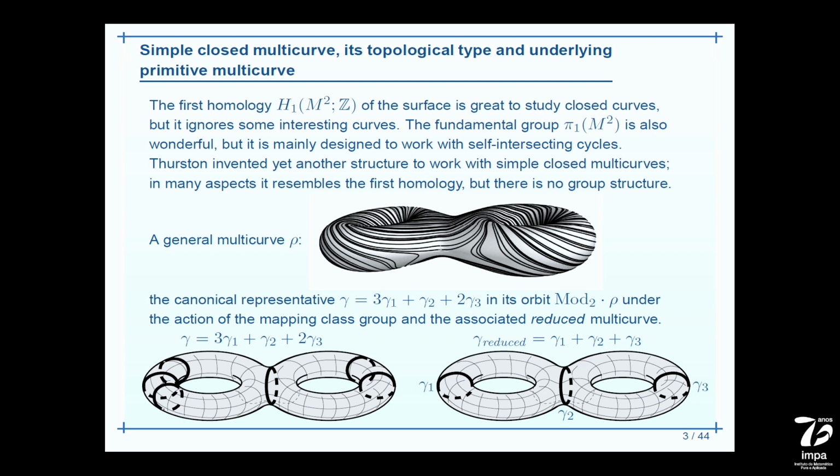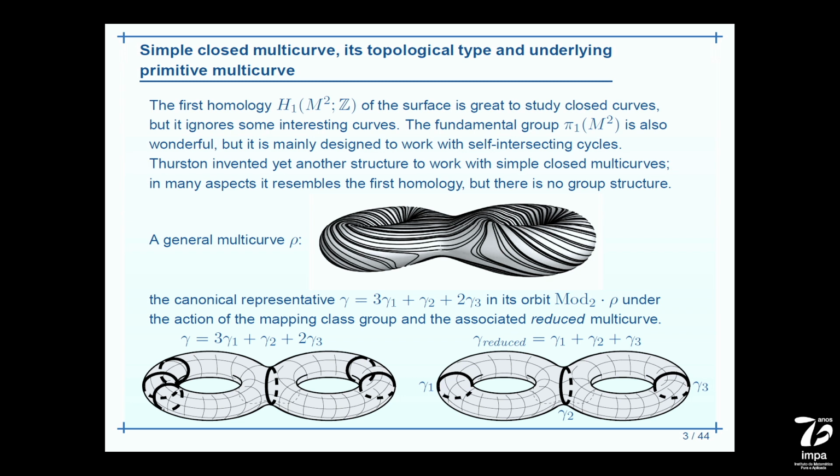How can one work with curves on the surface? One can consider homology. This is not good in this case because, for example, this cycle is trivial in homology. The fundamental group is rather designed to work with self-intersecting curves.